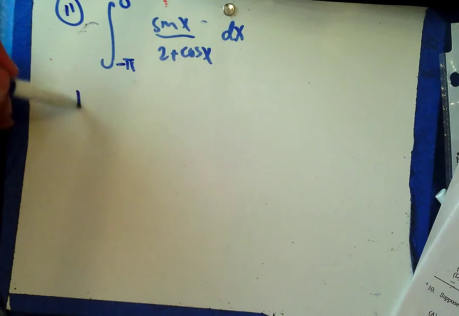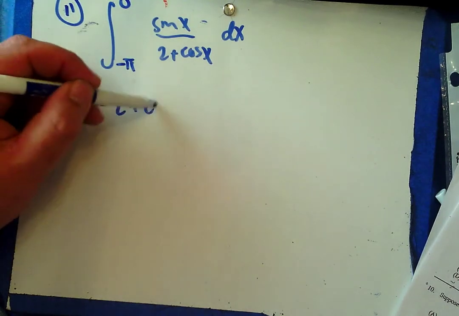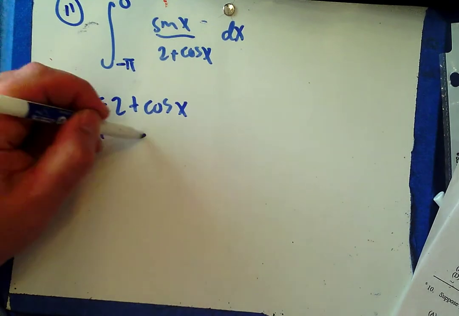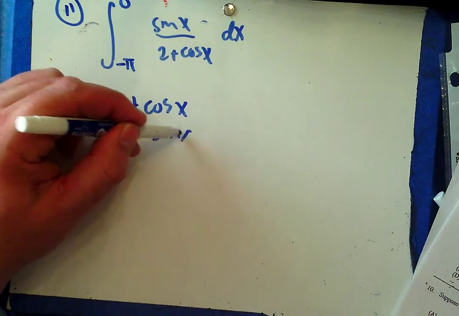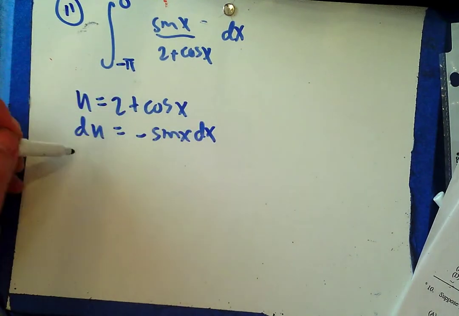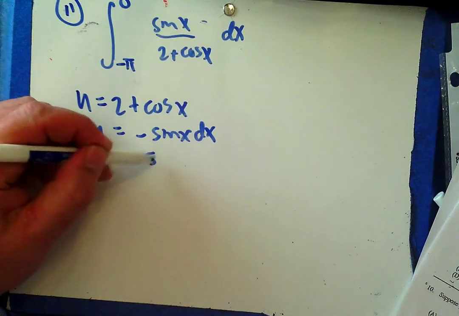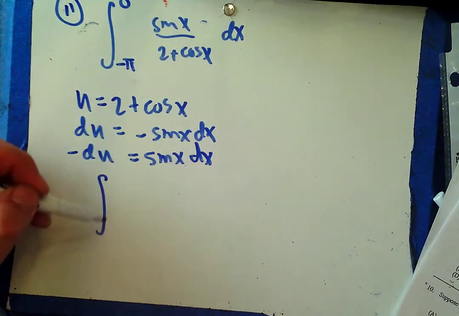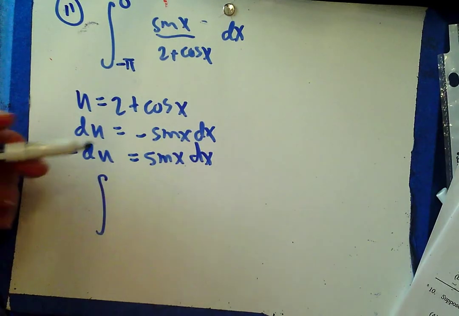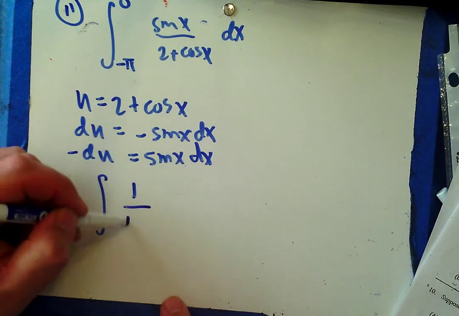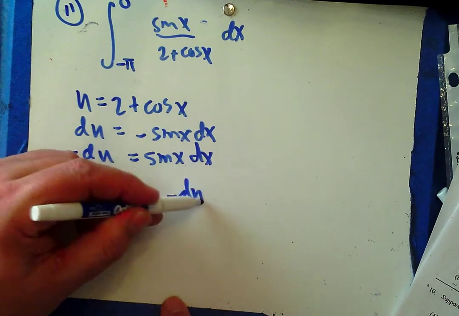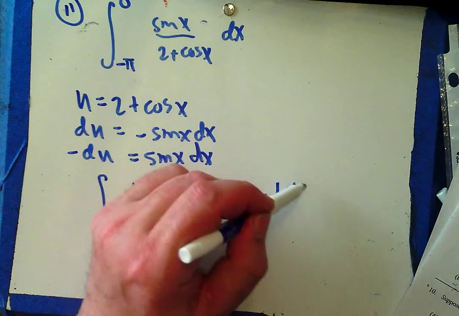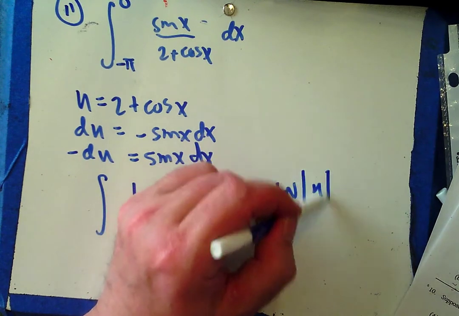Okay, so this is a u-sub, where u is 2 plus cosine of x. Du equals negative sine x dx. So negative du equals sine x dx. So then this integral can be rewritten as 1 over u times negative du. And that's going to be negative ln of u.